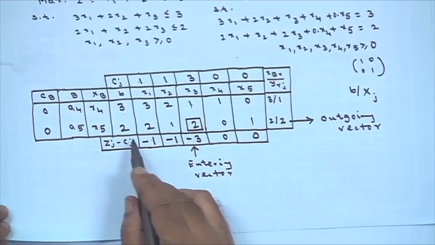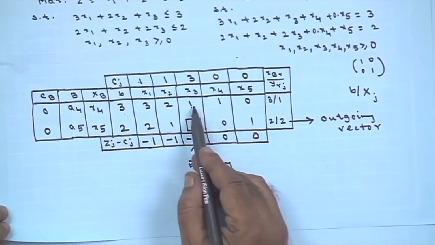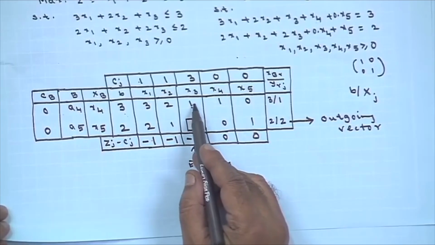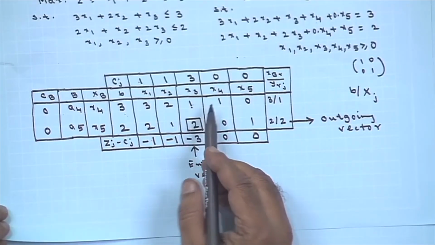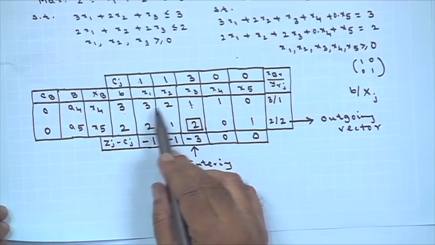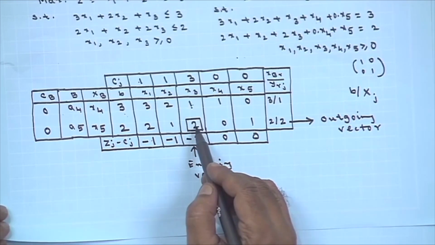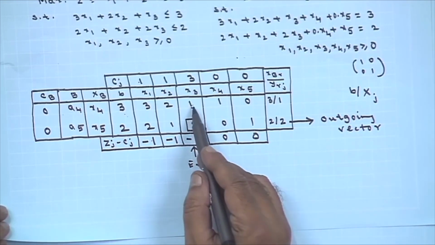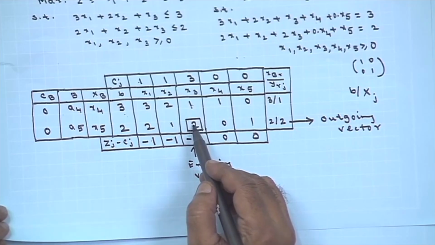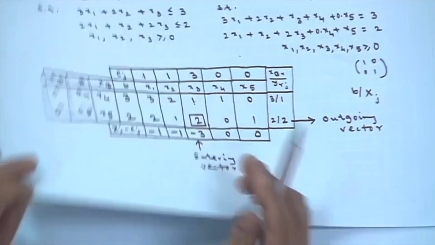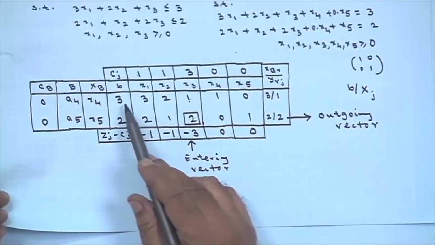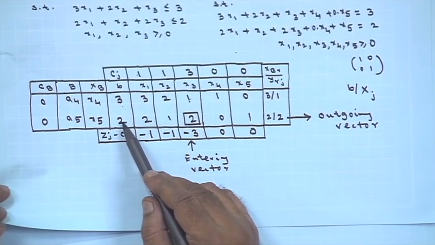Right. So, by doing this, now to make this column, this element as 0, I have to make first row minus second row divided by 2. So, 3 minus 2 by 2.